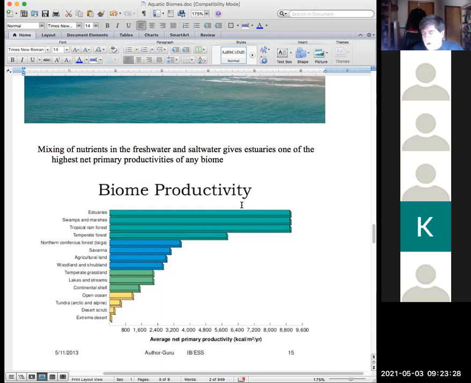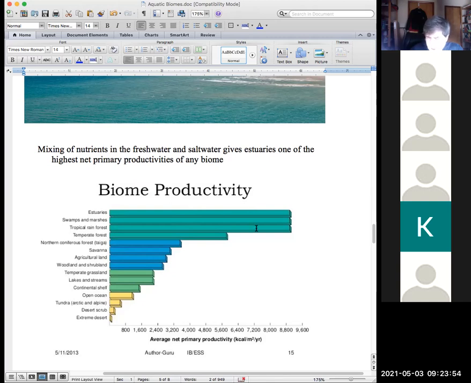Now, remember when we talked about primary productivity a few days ago with food, biomass, energy pyramids, we said gross primary productivity is how much organic material the producers make, the photosynthesizers. Net primary productivity is how much of this is left after they carry out aerobic cell respiration.